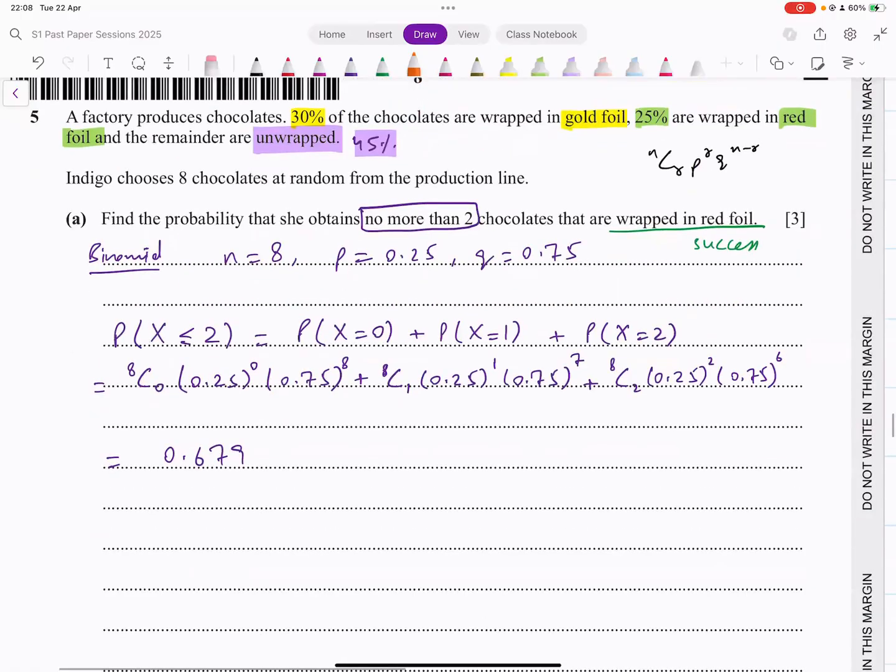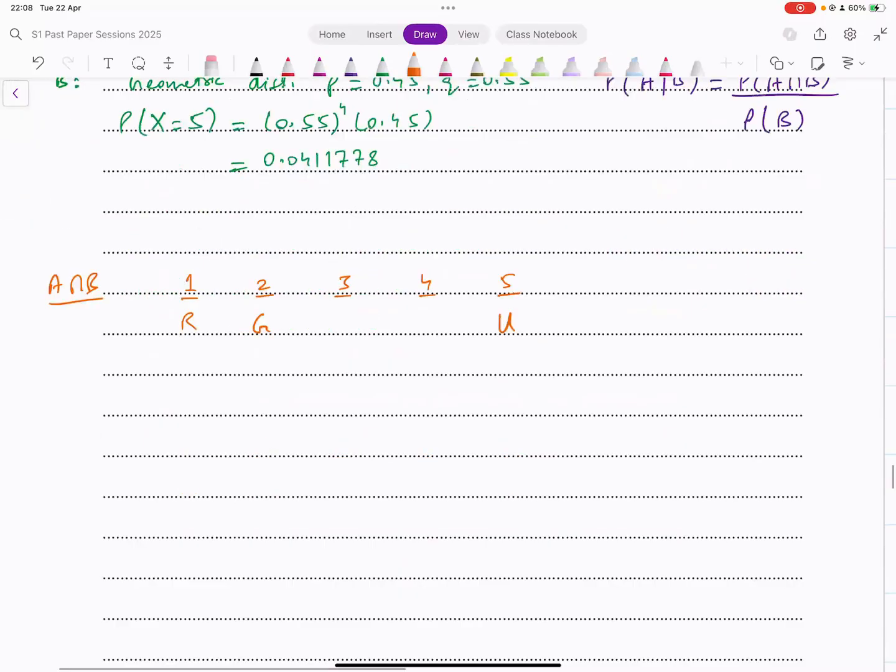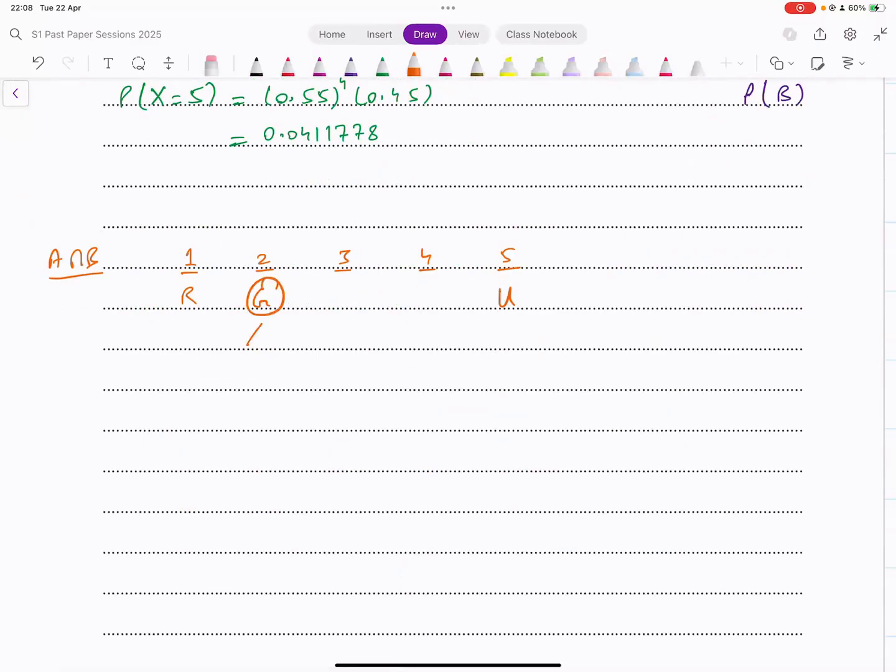Gold, red, and unwrapped. So because we know this is the first time G is coming and this is the first time that U is coming, the first one has to be an R. And now the only problem is in the middle, these 2 could be anything, right? For this, we'll have to make cases.